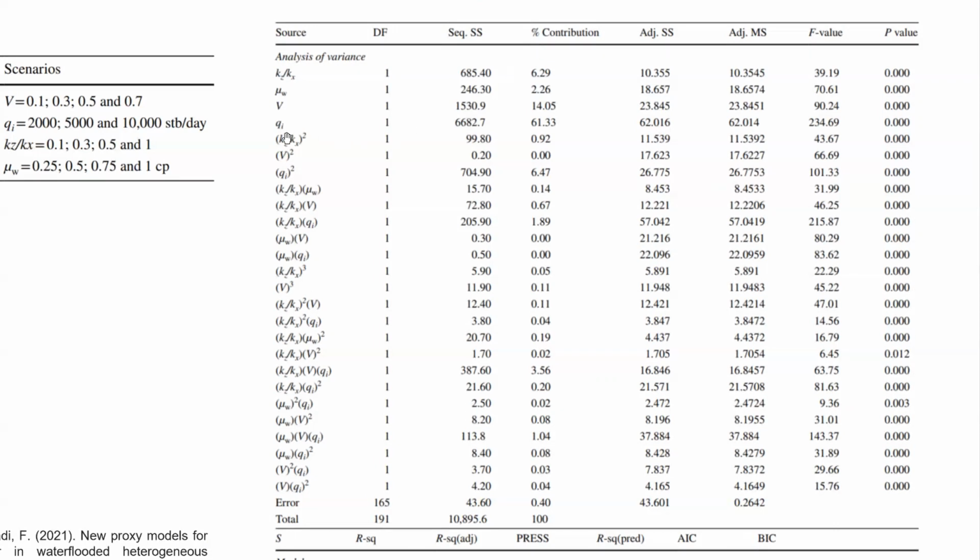The other parameters here are just derivatives: squares, powers of 3, and products among the parameters. But the core parameters are these top 4: anisotropy, viscosity, reservoir heterogeneity, and water injection rate.